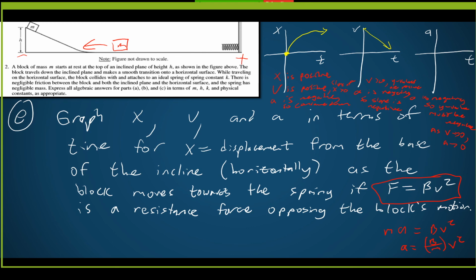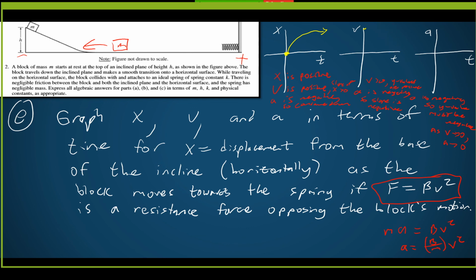My concavity is going to be the derivative of a, which, if I derive this, would be 2 times the constant times v to the first power. So my concavity is not 0, which means this will not be linear, and my concavity is positive because my velocity will be positive. So I am concave up.